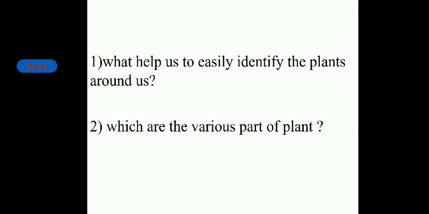By this difference, we can say that this plant is a rose, this is a hibiscus, and this is a mango. That is, the root, stem, leaves, flower, fruits, etc. of different plants are different. Each plant having these parts is different, and on that basis we can identify the plants around us.